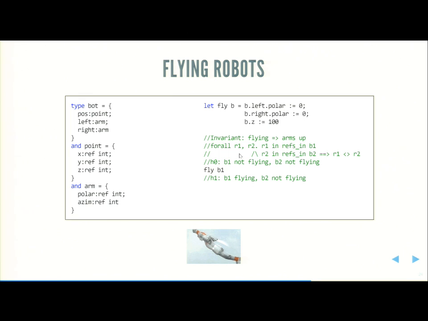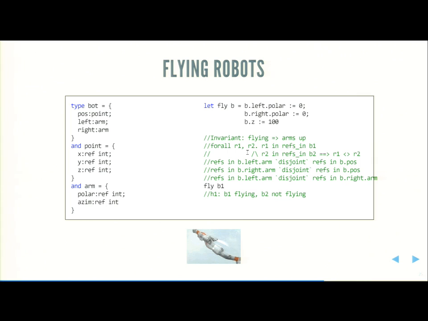For instance, you need to know that all the refs in one robot do not overlap with the refs in the other robot. And that's a quantified invariant that you need to have around. Well, it gets worse because you also need to say that all the refs in the left arm are disjoint from the refs in the right arm and are disjoint from the refs in the position of the robot, all of which gets pretty clumsy.